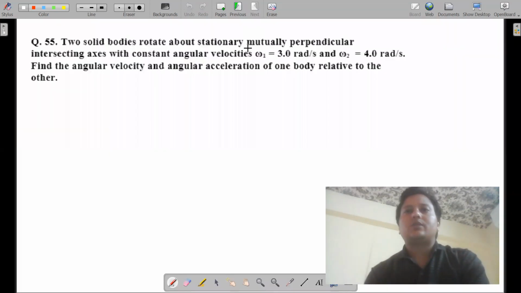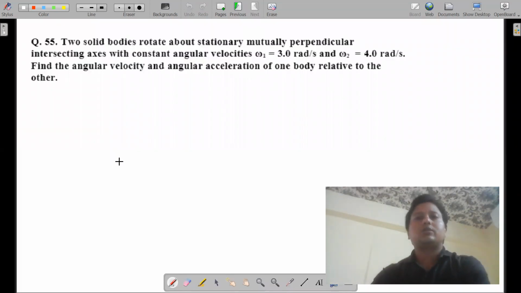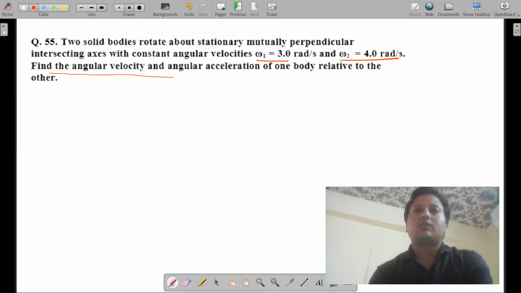In the next question, and also this is the last question, we have two solid bodies rotating about stationary, mutually perpendicular, intersecting axes with constant angular velocities omega 1 and omega 2 given. Find the angular velocity and angular acceleration of one body relative to the other.